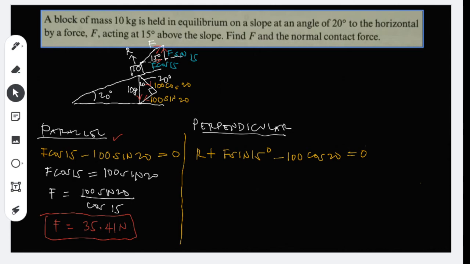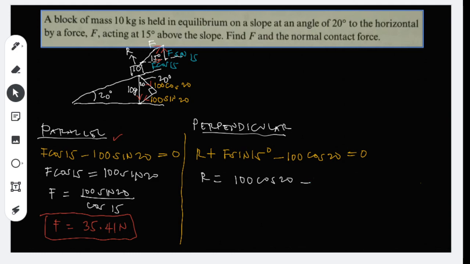Now let's try to solve. Solving this, we're going to have R will be equal to 100 cosine 20 minus F sine 15 degrees.